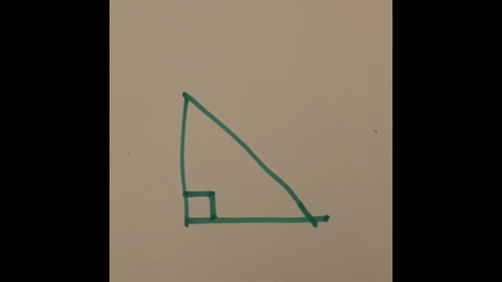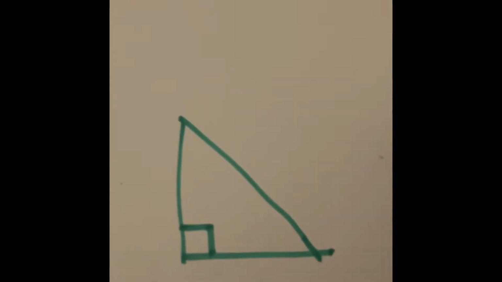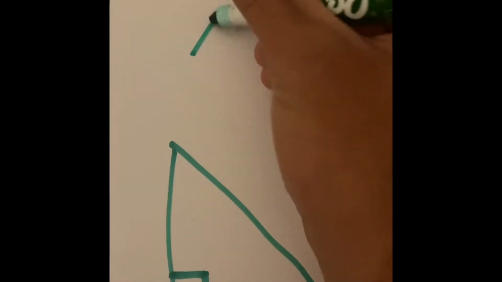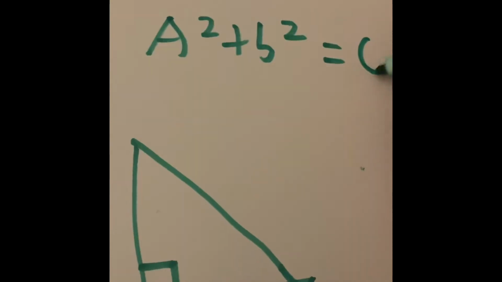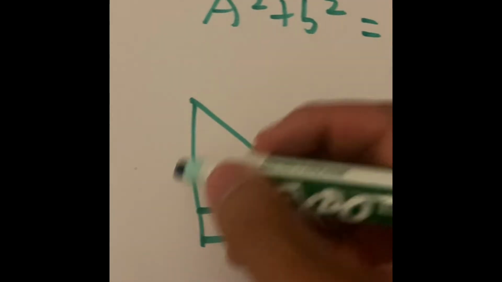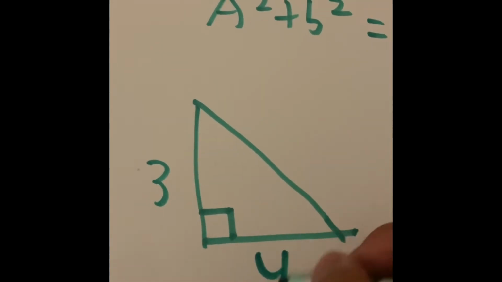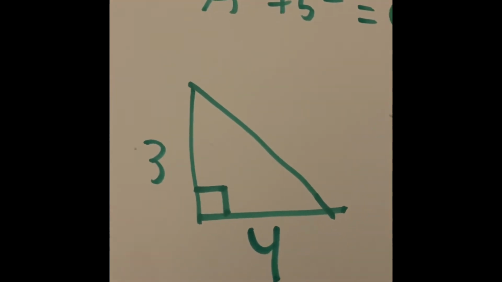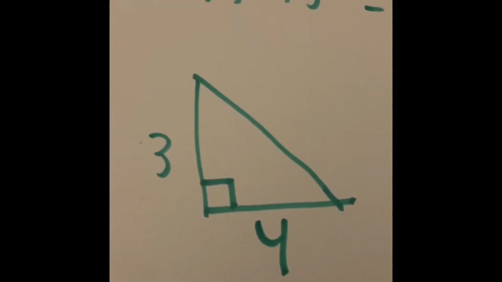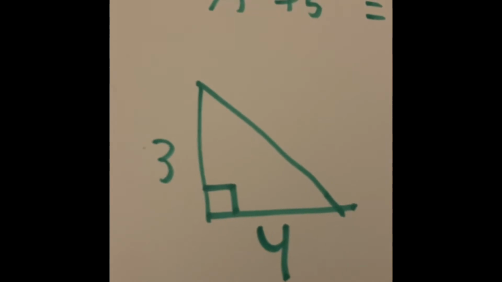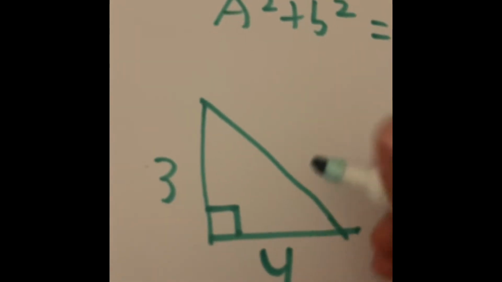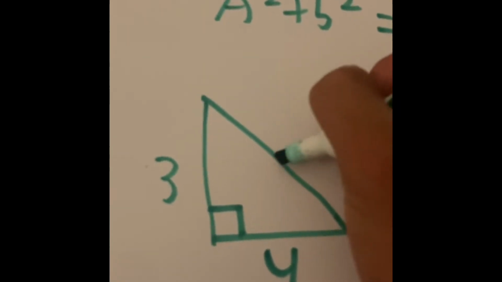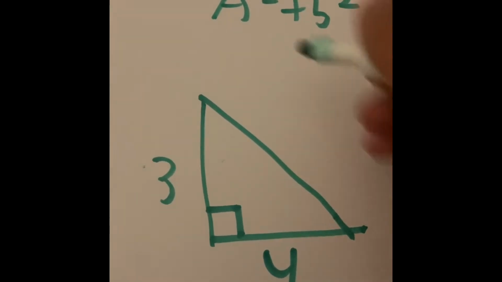If you remember in the previous videos long ago, we were learning about the Pythagorean theorem, like a squared plus b squared equals c squared. So we're going to put 3 here and 4 here. We're going to explain why the sum of 2 lengths of a triangle is larger than the third. We're going to use the Pythagorean theorem to find out what this one right here is, the hypotenuse.